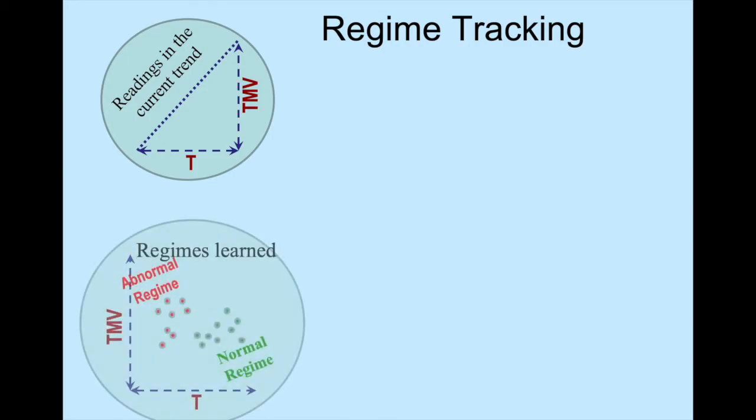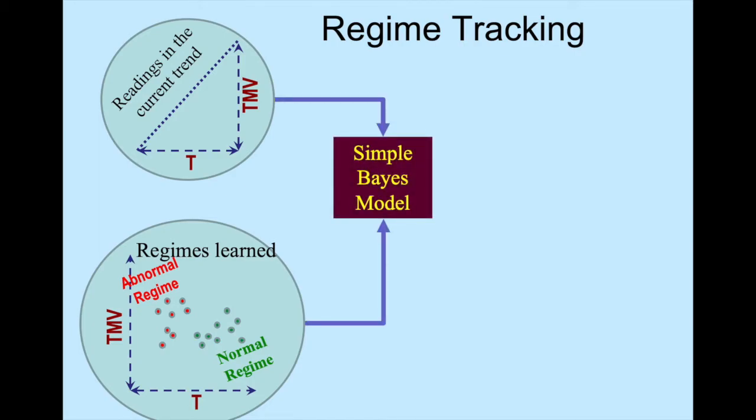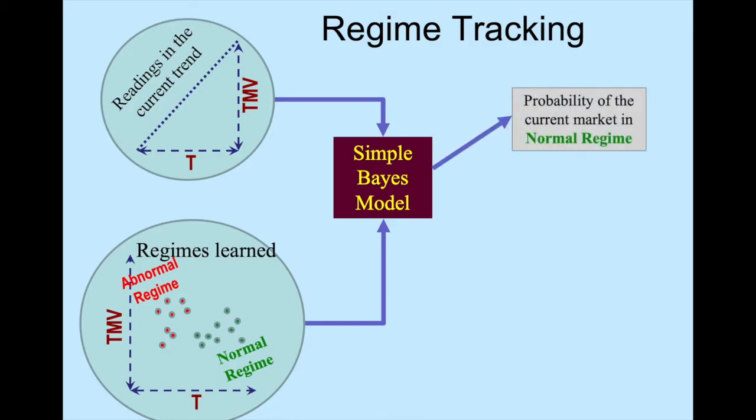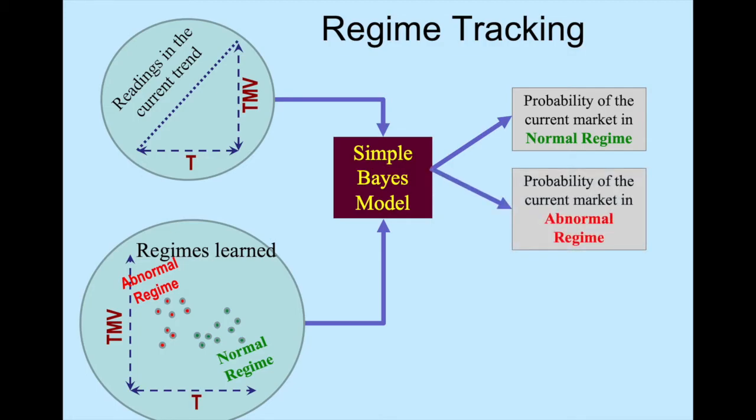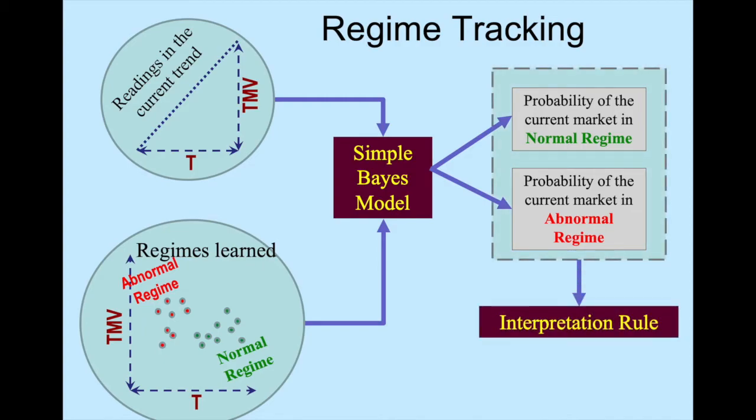Based on the positions of the normal regimes in the time TMV space shown in the previous slide, we can compute the probability of the market being in the normal regime. Independently, we can compute the probability of the current market being in the abnormal regime. We now have two probabilities, one for the normal regime and one for the abnormal regime. We need a rule to determine which regime the current market is in.